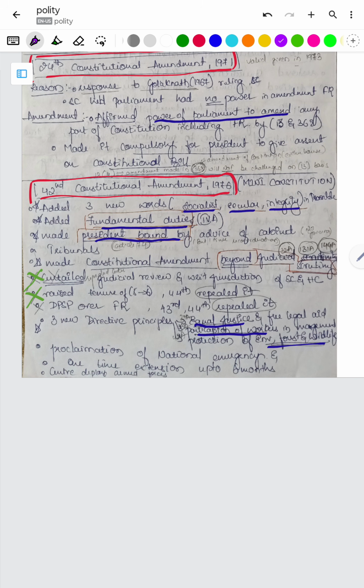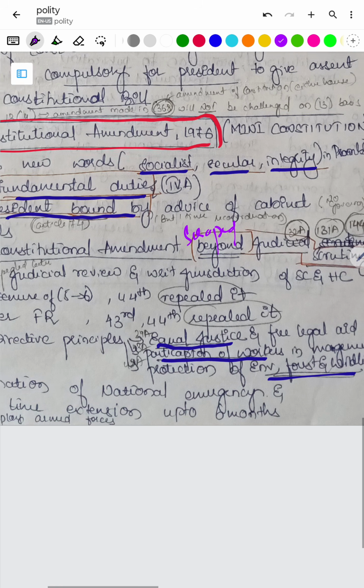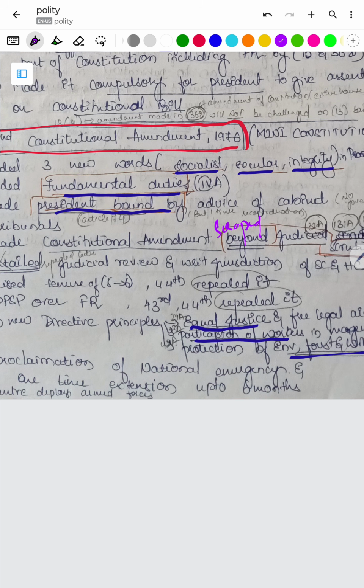This directed legislative pushback against the courts, after the 1973 ruling. This led to, in 1980, the Supreme Court striking down clauses 4 and 5 in the Minerva Mills case. This was scrapped. Or instead of that, struck down.